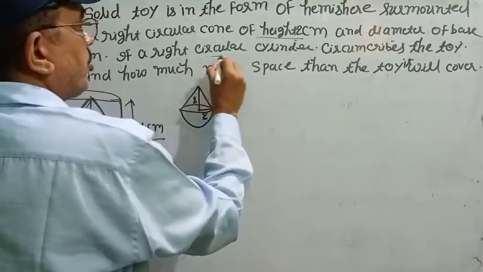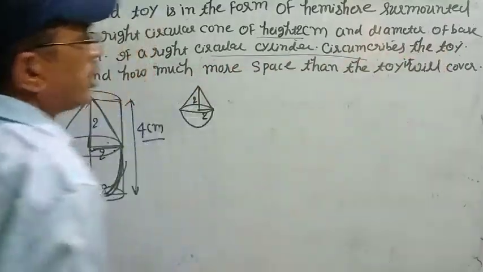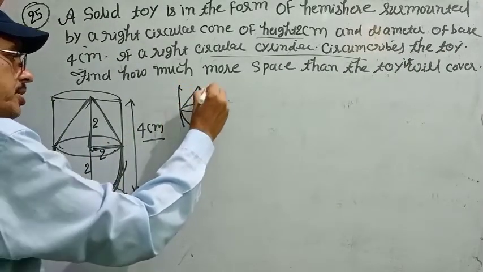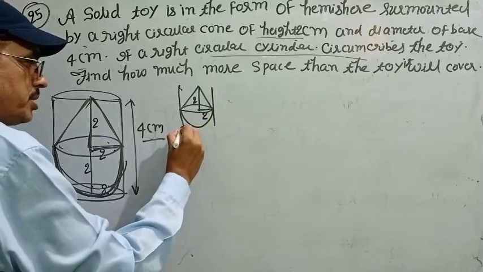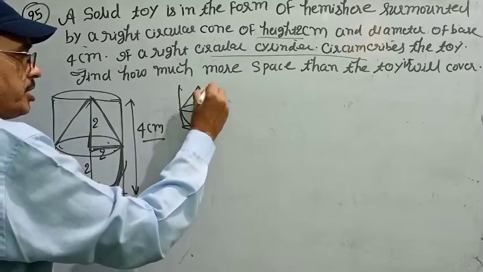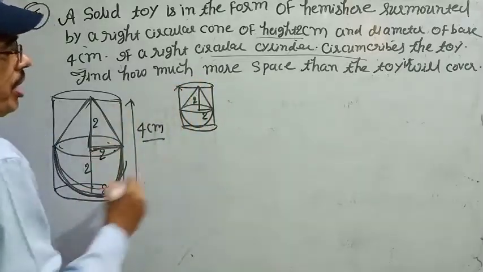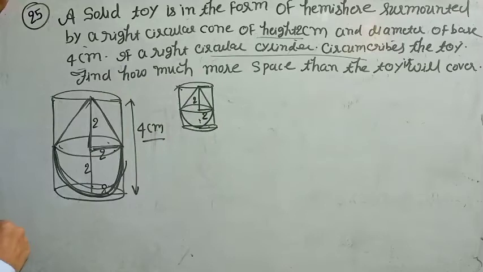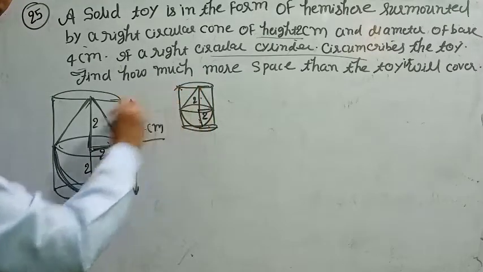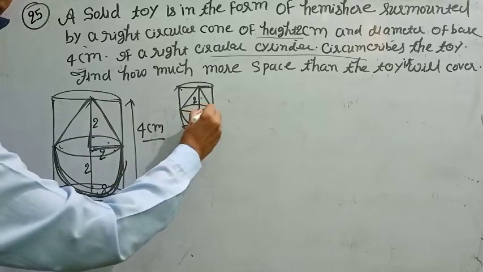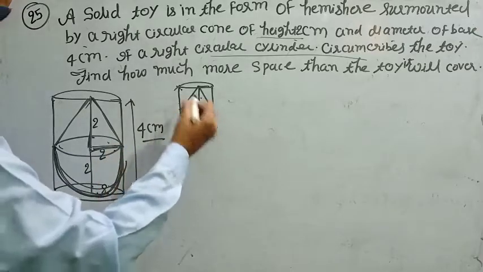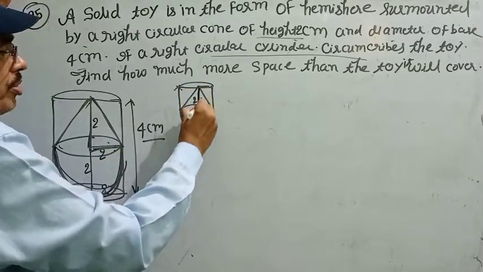And a circular cylinder circumscribes the toy. That means the height of this cylinder is equal to the height of this toy, and the radius of this cylinder is also equal to the radius of this toy. In this figure, the total height of the toy is 4, because the radius of the hemisphere is 2, so the height of the hemisphere is 2, and the height of the cone is 2 cm.